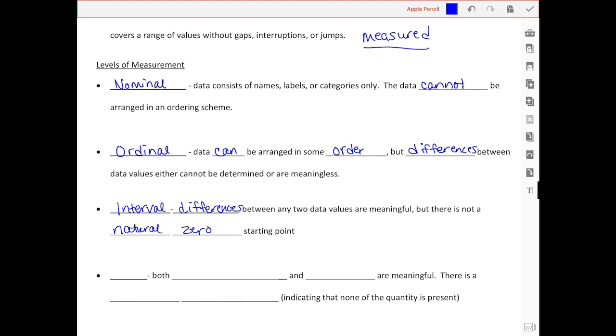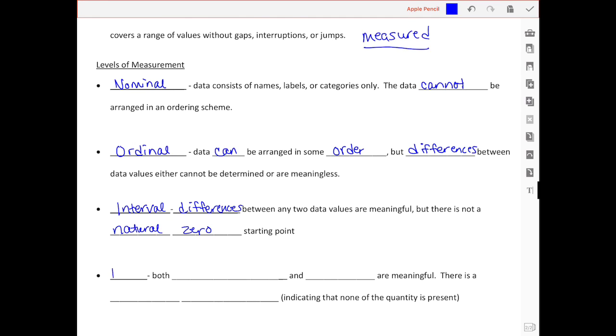And we'll talk a little bit more about this in the next few days, but when I'm talking about that your differences are meaningful, if you have twice as many of one thing in one group, then that means that you've got, if we double 2, that means you've got 4. It means something.